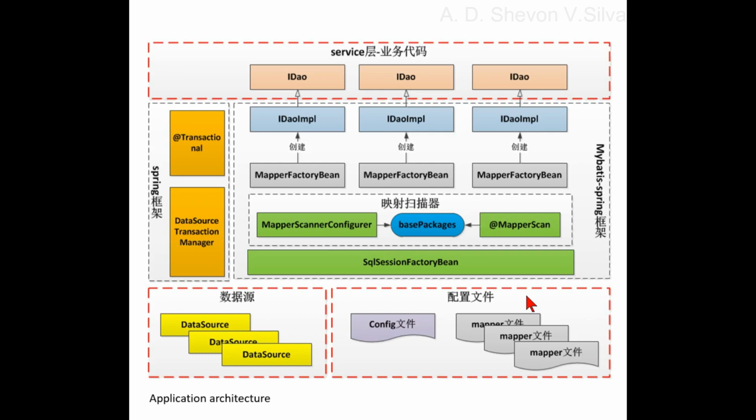MapperLocations specifies the location of multiple mapper mapping files.